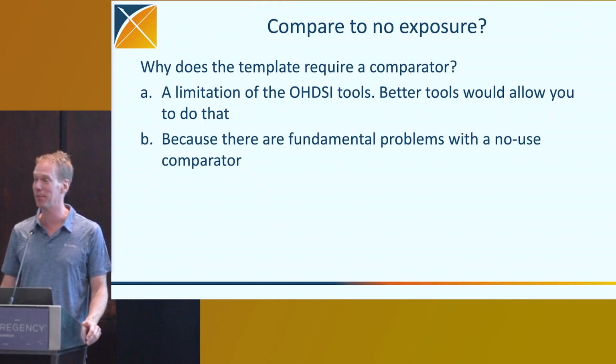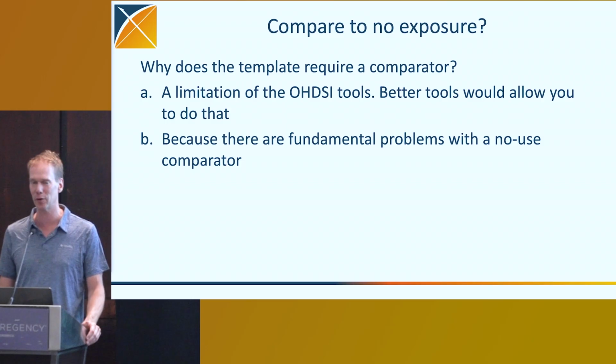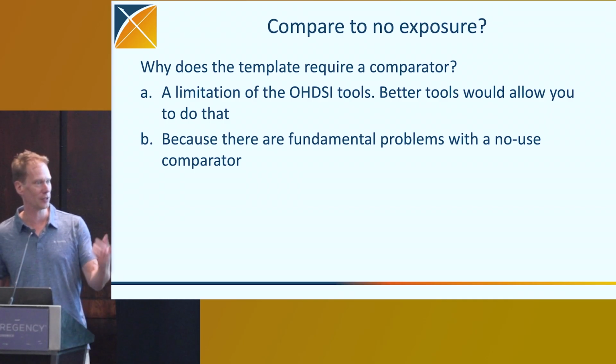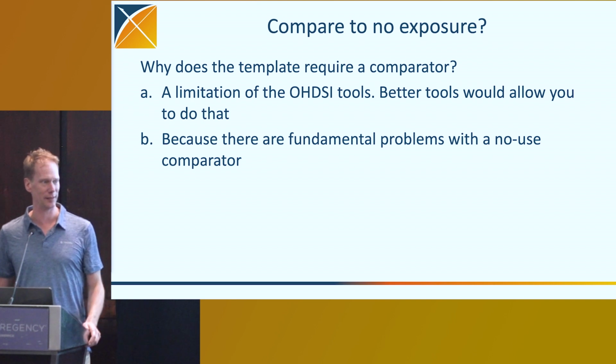So anybody have an idea of what a problem could be with a no-use comparator? Yeah, because it's not fair to not give treatment to people. Yeah, so I think what you're trying to say is that those people could be very different.